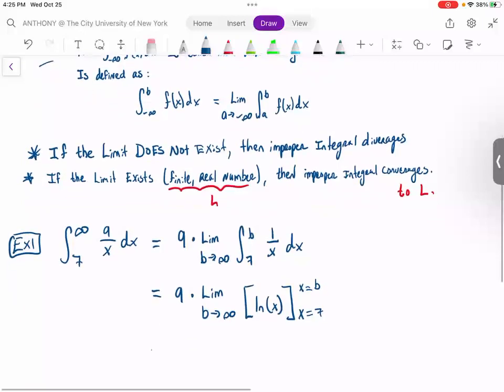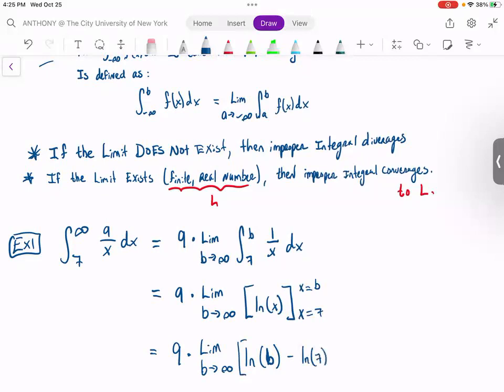All right, so we're going to get 9 times the limit as b approaches infinity of ln of b minus ln of 7. All right, so ln of 7 most likely is going to be an irrational number, right? You will need a calculator to compute ln of 7.